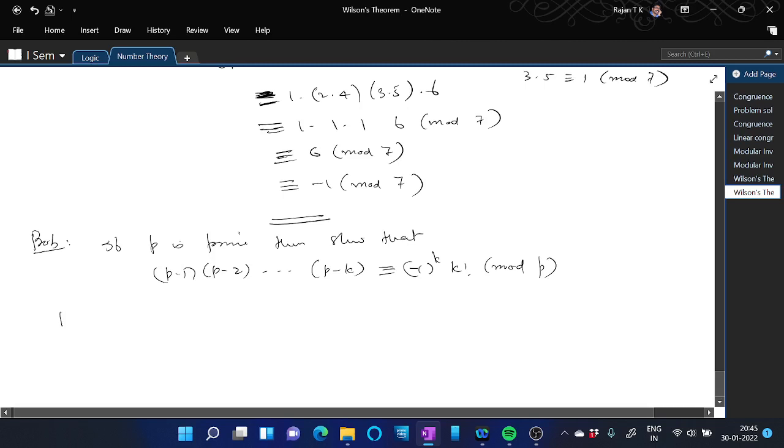Proof. Given p is a prime number, therefore p-1 is congruent to -1 mod p.